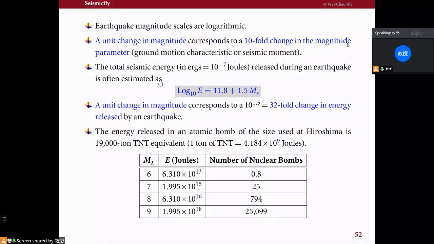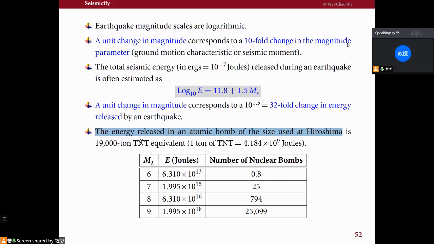So a unit change in magnitude corresponds to 10 to the power 1.5, or 32-fold change in energy released by the earthquake. So for example, the energy released by an atomic bomb of the size used at Hiroshima is 19,000 tons TNT equivalent.